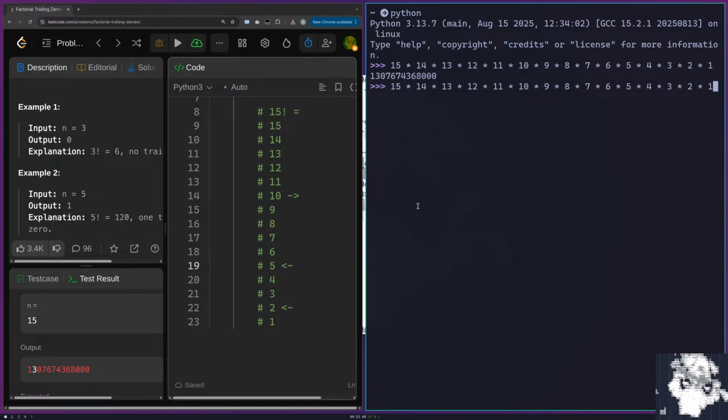Now if I divide this by 10, I can remove the, well, I don't need the 1, and then I can remove the 2 and the 5 together, and this should give me 1 fewer 0. Yes. Then if I remove the 10, I should have 1 fewer 0 again. Okay. Now where's the last 0 coming from?